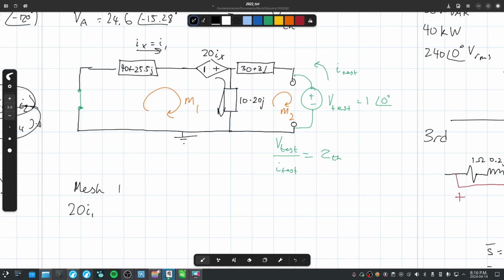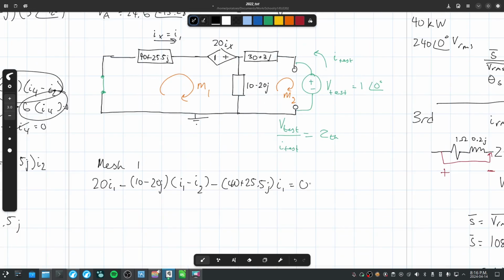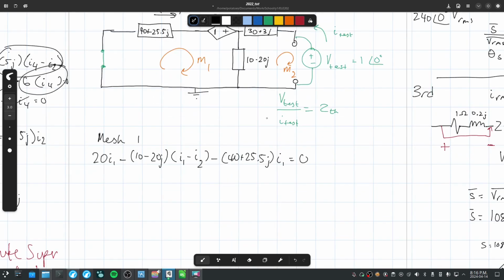Then it comes across this impedance, which is going to be negative 10 minus 20j I1, and it's fighting against I2 here. Then it comes back around to this impedance block, so minus 40 plus 25.5j I1 is equal to 0.